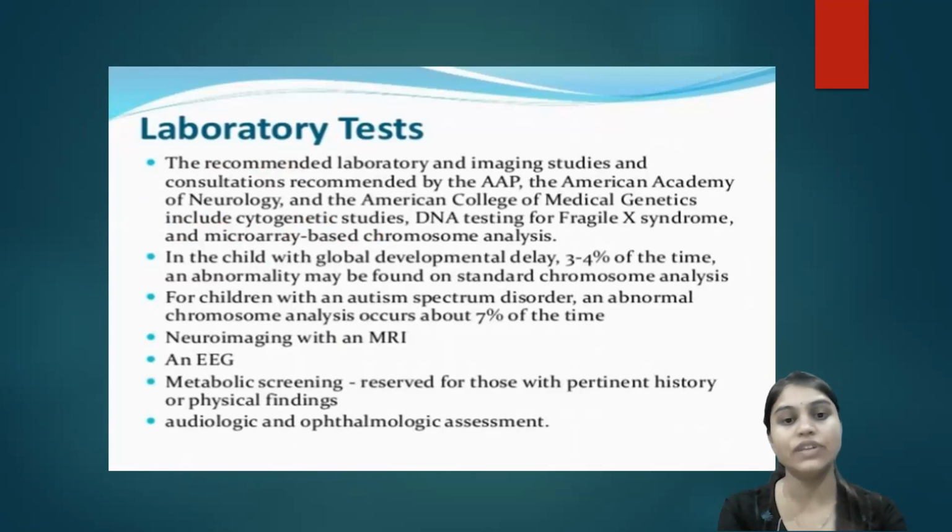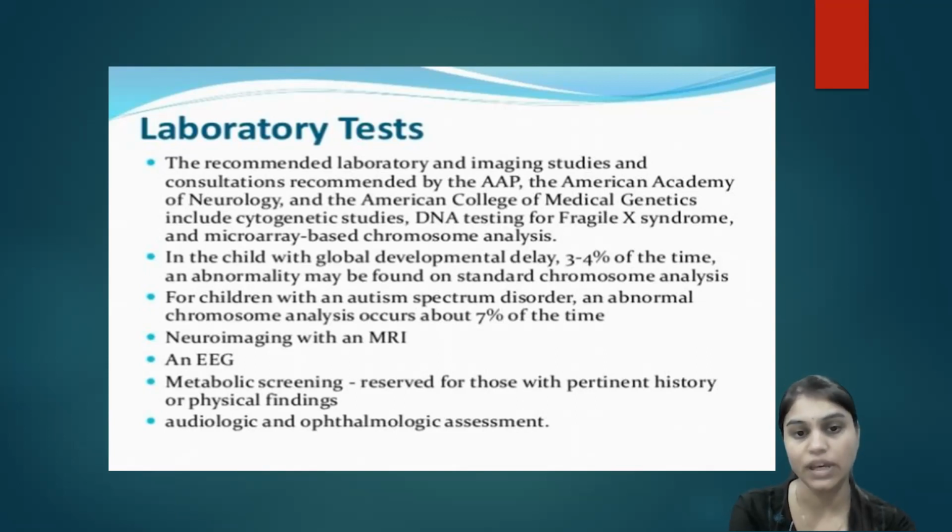Next, in the child with global developmental delay, 3 to 4% of the time an abnormality may be found on standard chromosome analysis. For children with an autism spectrum disorder, an abnormal chromosome analysis occurs about 7% of the time. Neuroimaging with an MRI and EEG, and metabolic screening are reserved for those with pertinent history or physical findings, audiologic and ophthalmologic assessment.